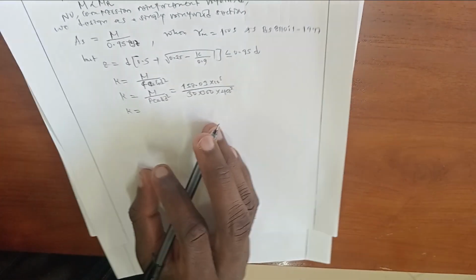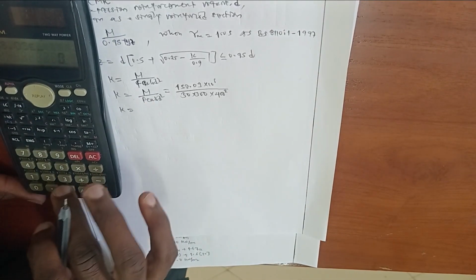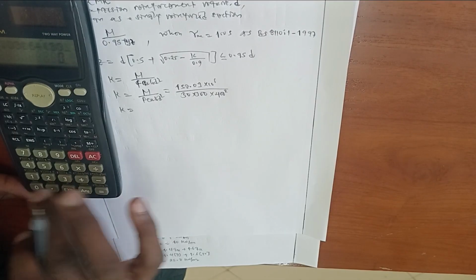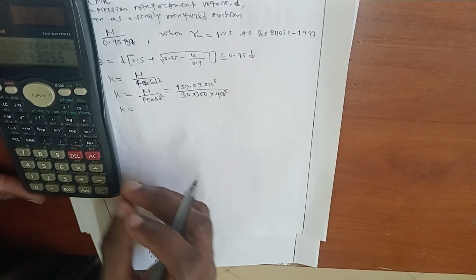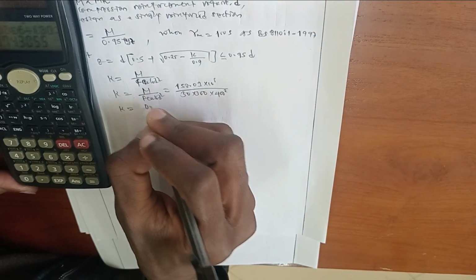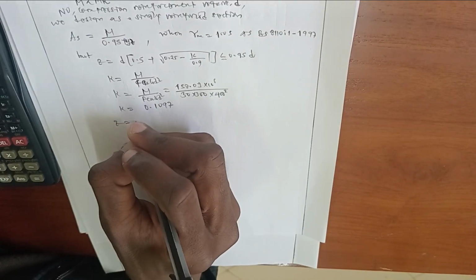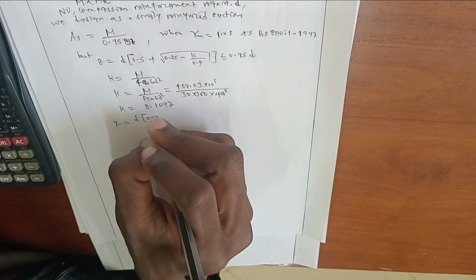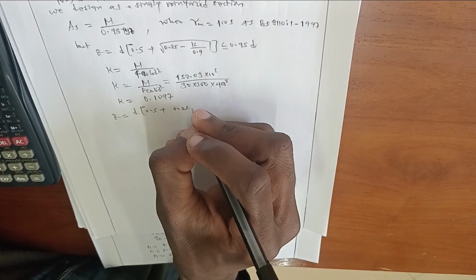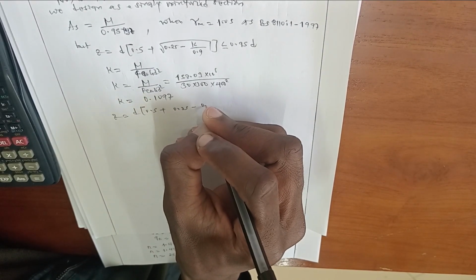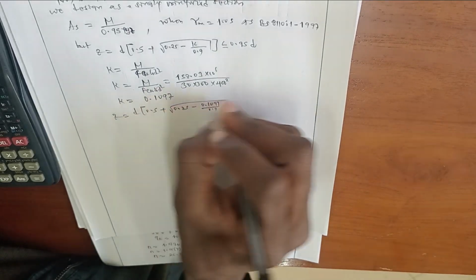K will be equal to 158.03 times 10 to the power 6 divided by 30 times 300 times 400 square. K will be equal to 0.1097. To obtain z, it will be equal to the effective depth times 0.5 plus the square root of 0.25 minus 0.1097 over 0.9.